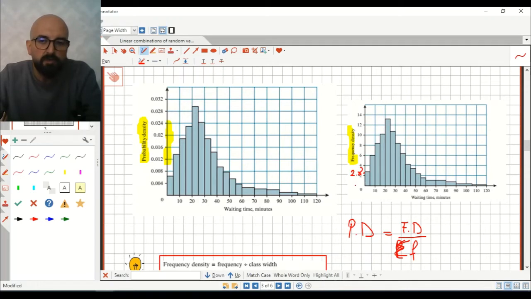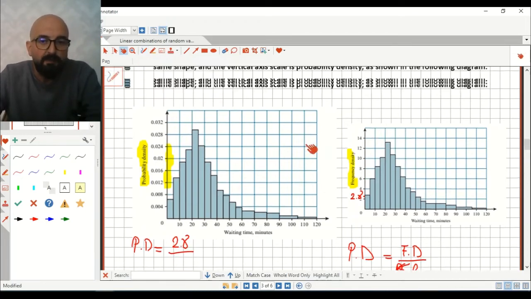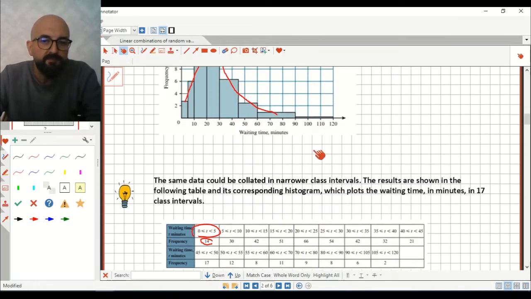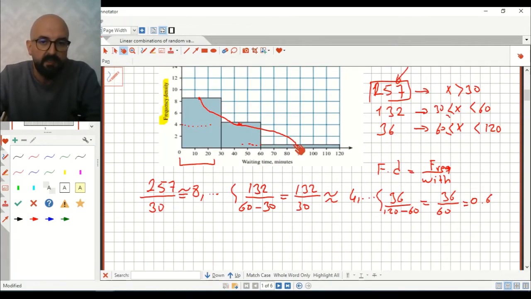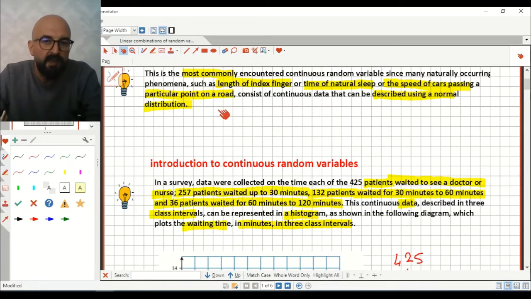If we want to find the probability density, we should follow this process. Probability density is frequency density over the sum of the frequencies, or total frequency. As you remember, we have 425 patients, so the total frequency is 425.